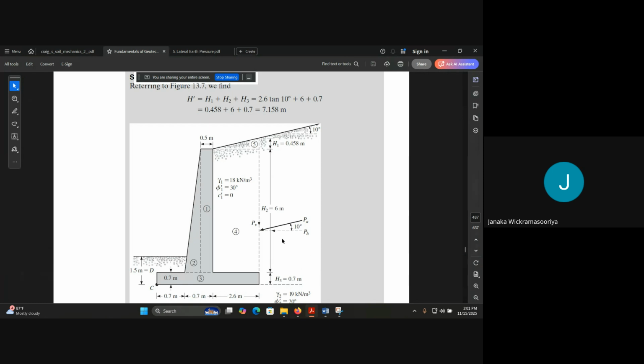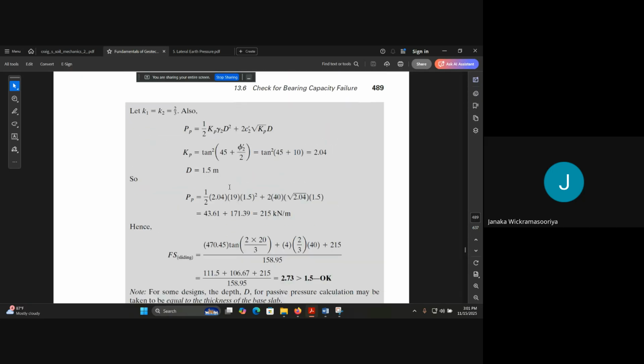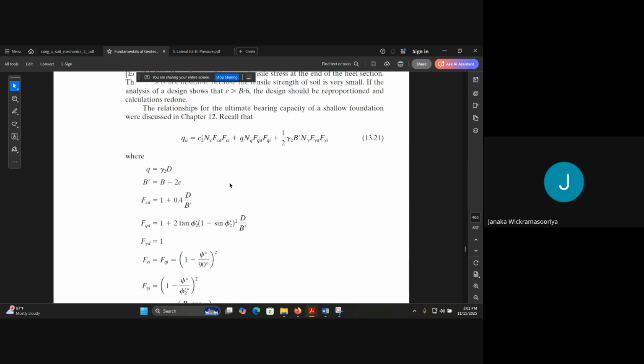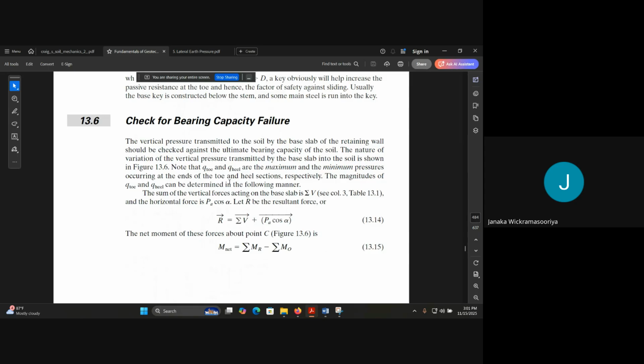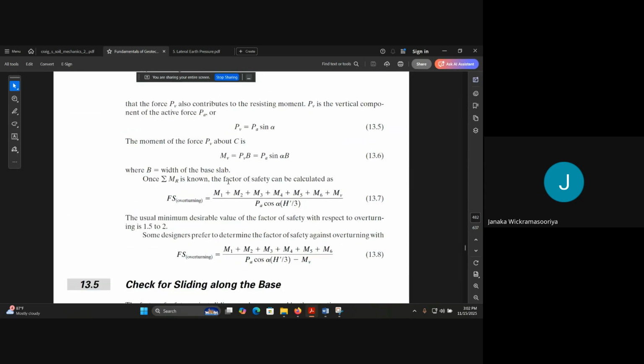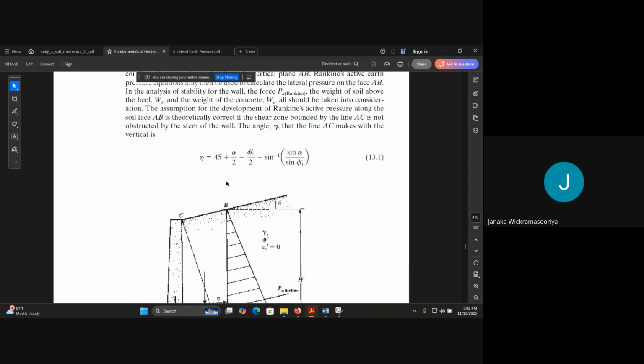Before that, we can find the Rankine's active force per unit length. When you directly find the force, you can take this equation, half times... they have directly taken this equation, the area of this triangle.